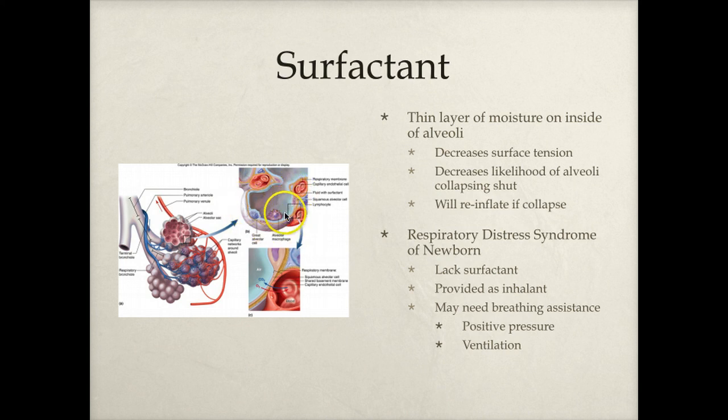The lining of each of these alveoli is coated with a fluid, and this fluid is called surfactant. It's a combination of phospholipids and proteins that keep the alveoli from collapsing. It's produced by a specific type of cell in the alveoli called a type 2 cell. And the surfactant acts as a detergent and helps decrease surface tension.